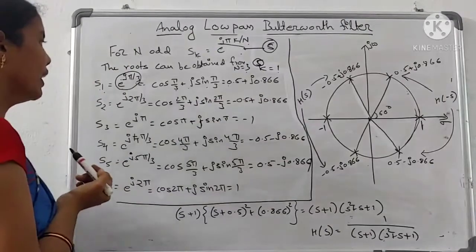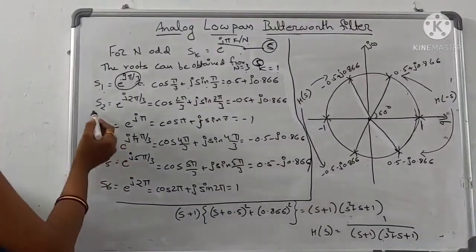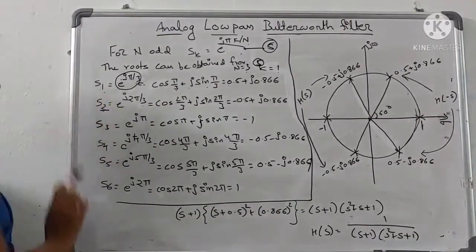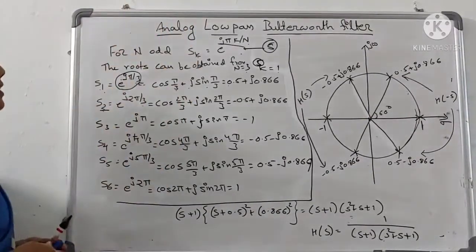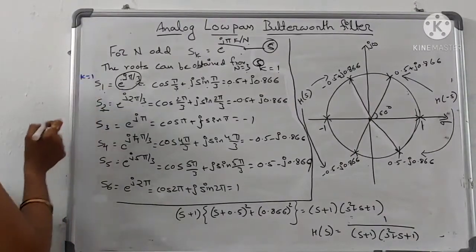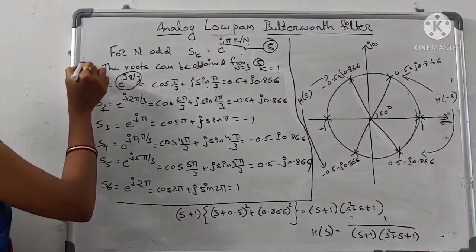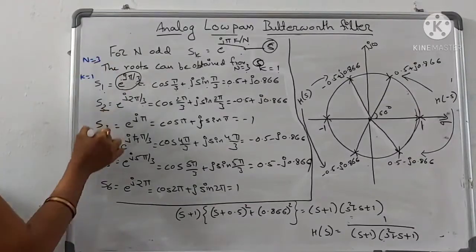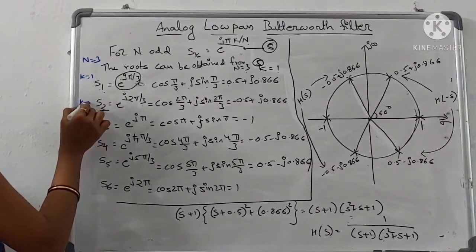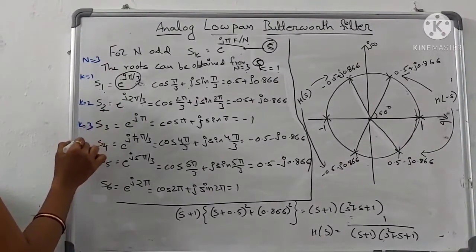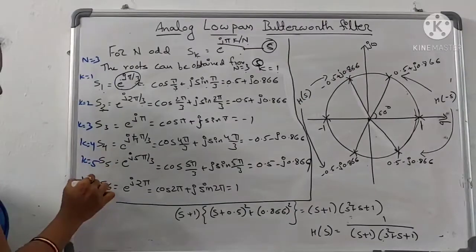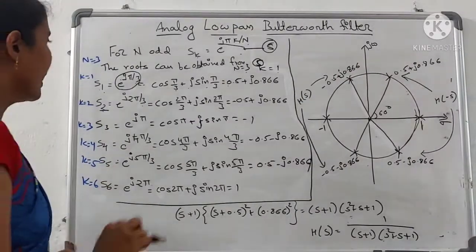0.866. In the same way, for k is equal to 2, n is equal to 3. Here n is common, n is equal to 3 for all the values of s, and k is equal to 1, 2, 3, 4, 5 and 6.